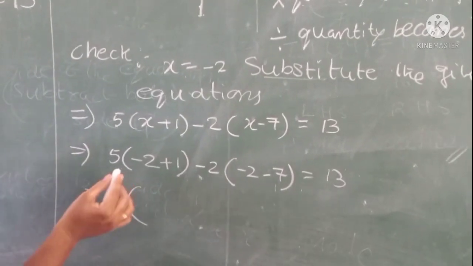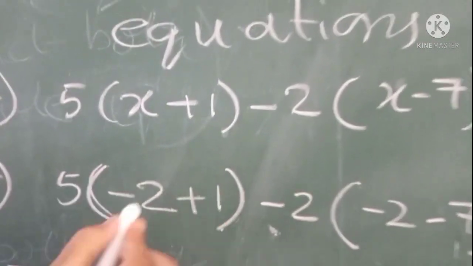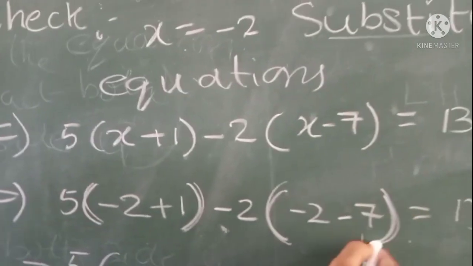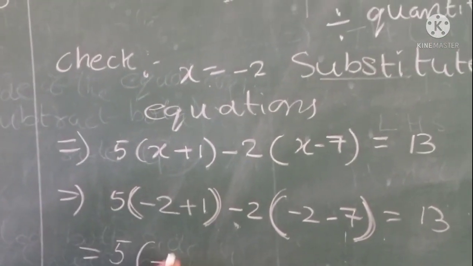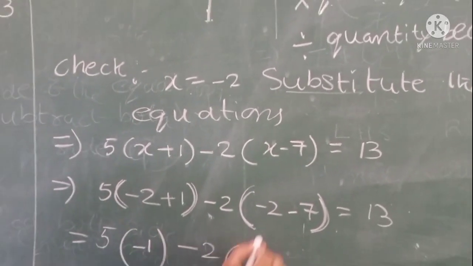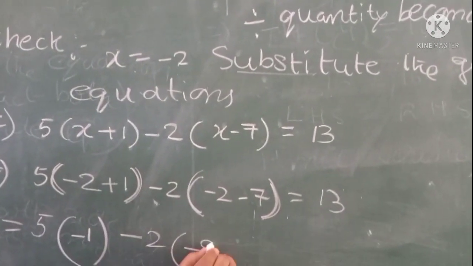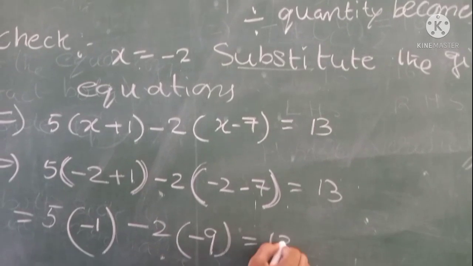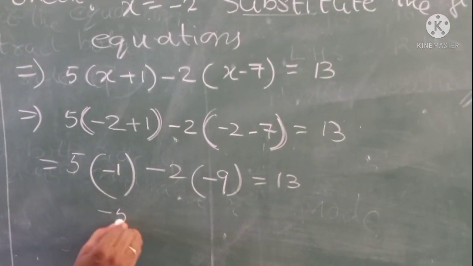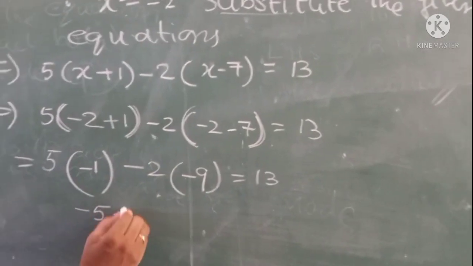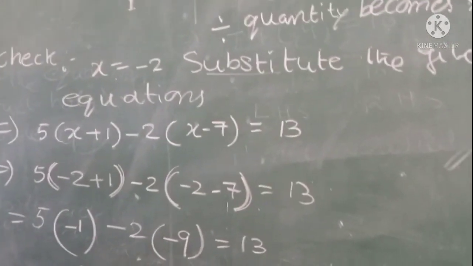Look at the children, I have written the brackets. Brackets means into. Minus 2 plus 1 is minus 1, minus 2 minus 2 minus 7 is minus 9. 13 equals 5 into minus 1, minus 5, minus into minus plus, 2 nines are 18.